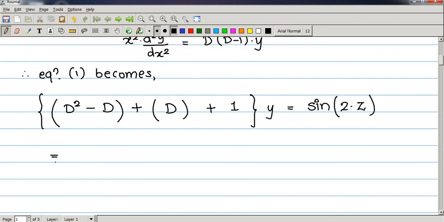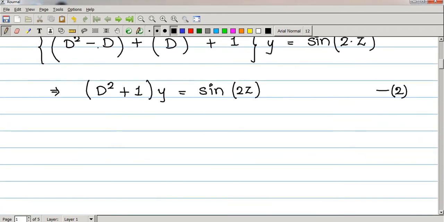If we simplify this, the equation will be (D square plus 1) into y is equal to sine 2 times z. Now we call it equation number 2, since it is a linear differential equation with constant coefficients.